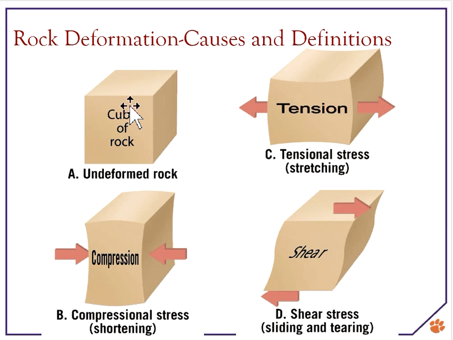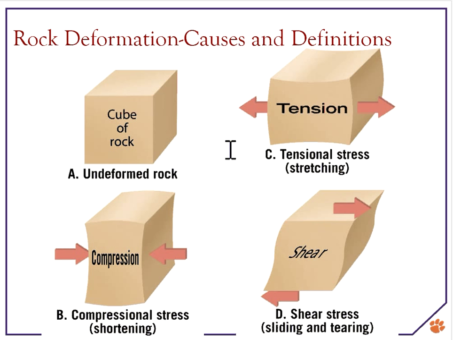So if we assume that this is our undeformed rock, once we apply compressional stress, we will be applying stress from both sides of this cube of rock by pushing it towards its center. In this case, this compressional stress will cause shortening along the stress direction and lengthening or thickening in the perpendicular direction.